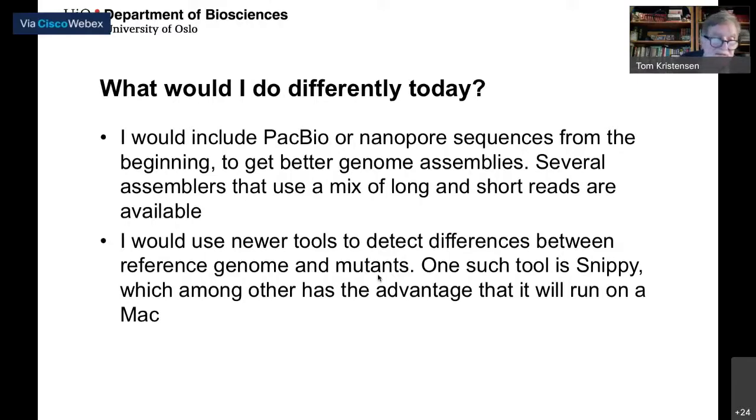And again, the reason why this would be better is that contigs by nature contain errors at their ends at least, and these errors will make noise when you are trying to detect specific mutations in a mutant genome. And I would use simpler tools for mapping the mutated reads to the reference genome. For instance, this Snippy here, which has, again, for me, the advantage that it can run on a normal desktop computer rather than a Unix system.